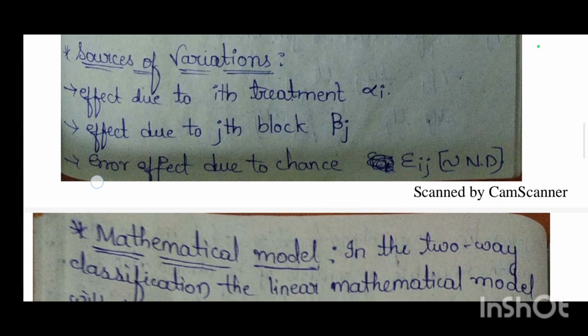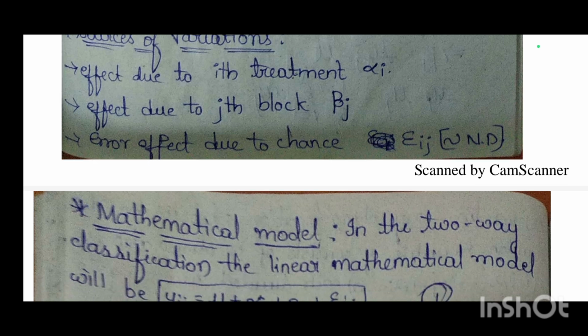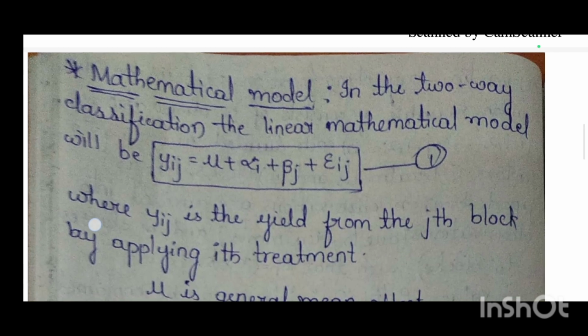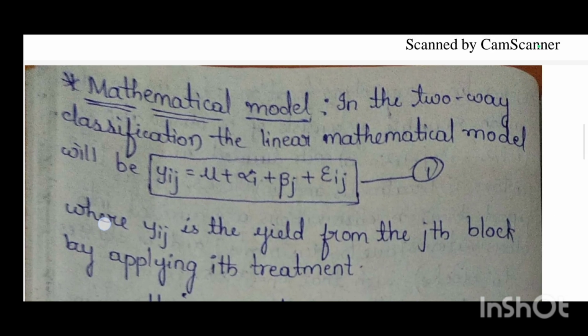Okay. Sources of variations also we have: effect due to the ith treatment, alpha i; effect due to the jth block, beta j; and error effect due to chance, which follows normal distribution. Next we can see the mathematical model.